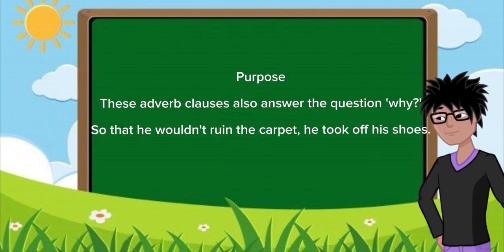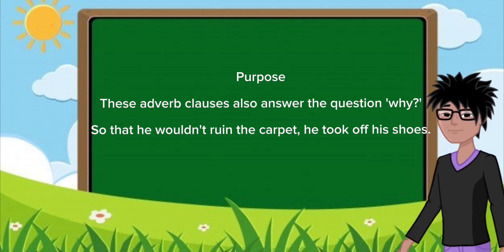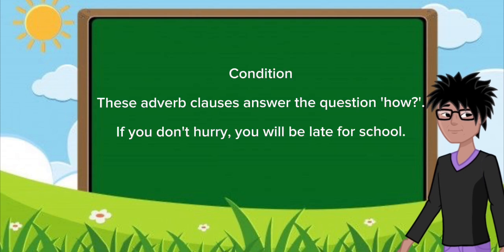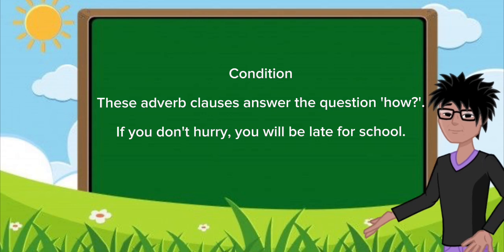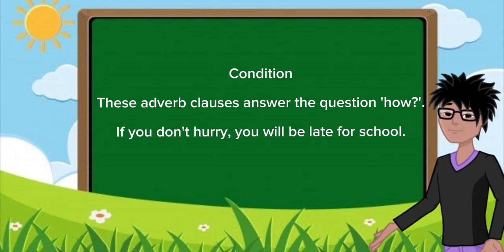Number 4. Purpose. These adverb clauses also answer the question why. Example. So that he wouldn't ruin the carpet, he took off his shoes. Number 5. Condition. These adverb clauses answer the question how.